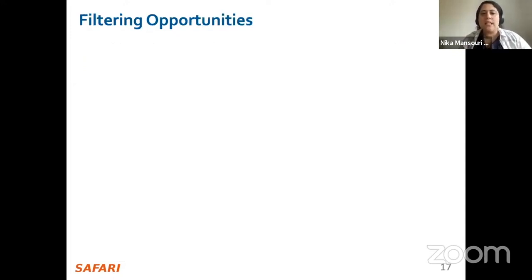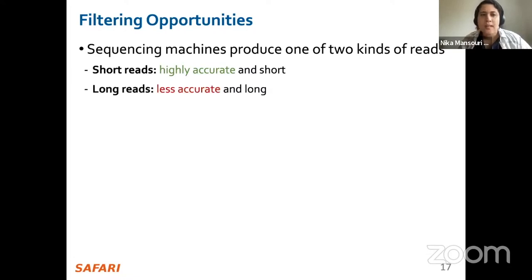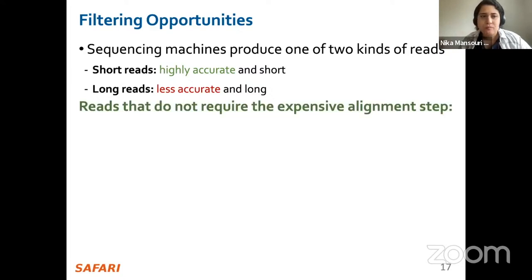So now let's take a look at filtering opportunities based on the input reads. Sequencing machines that we talked about at the very first slide, based on their technology, produce one of two kinds of reads. Either they are highly accurate but shorter, or they are less accurate and longer.